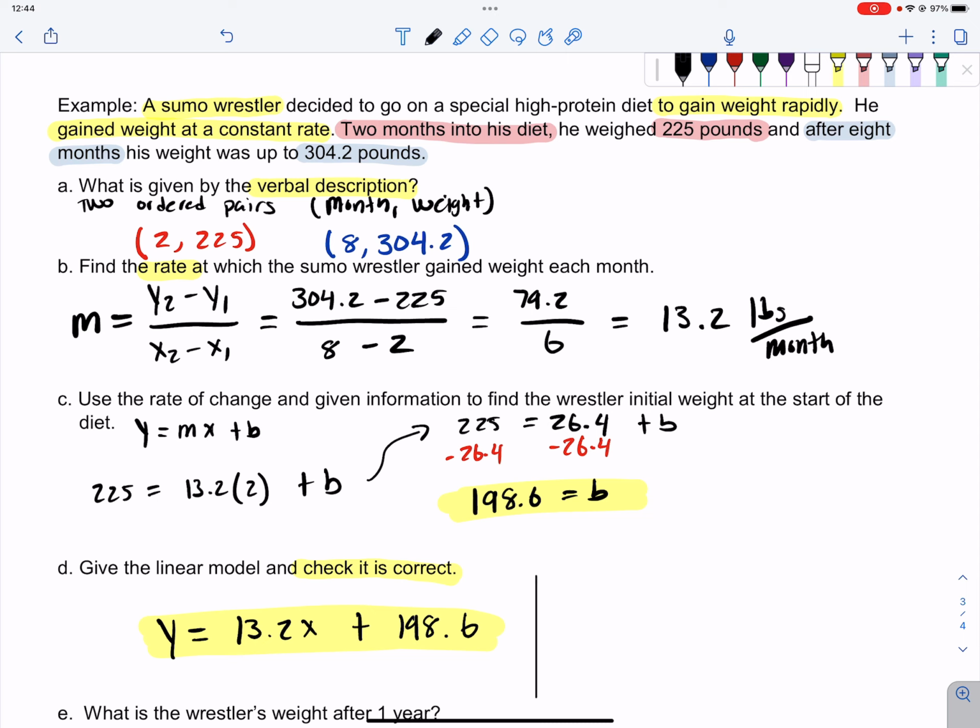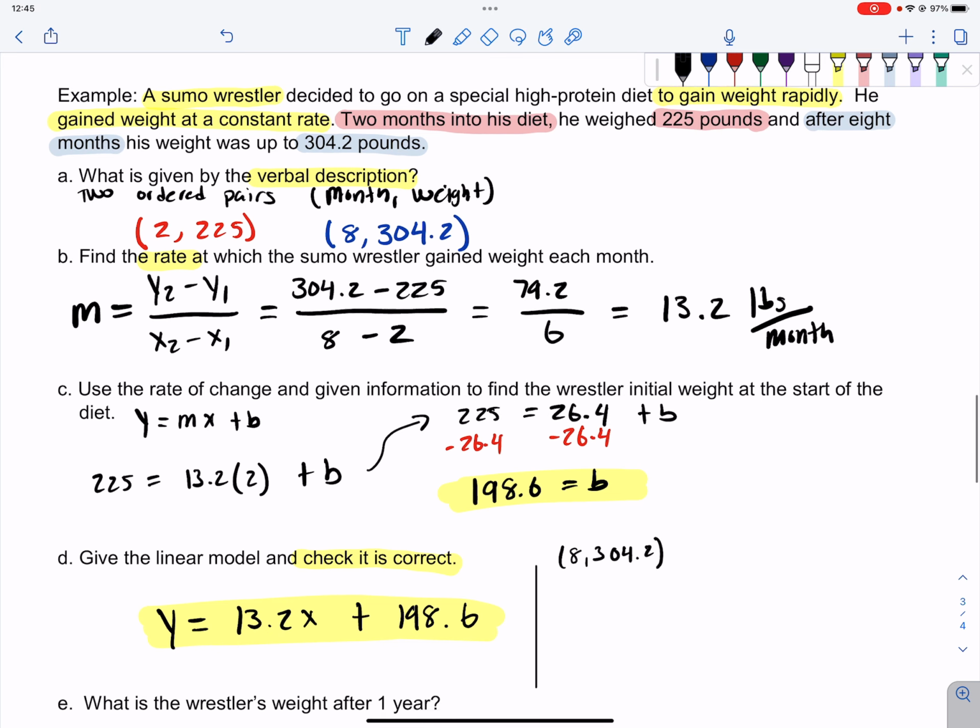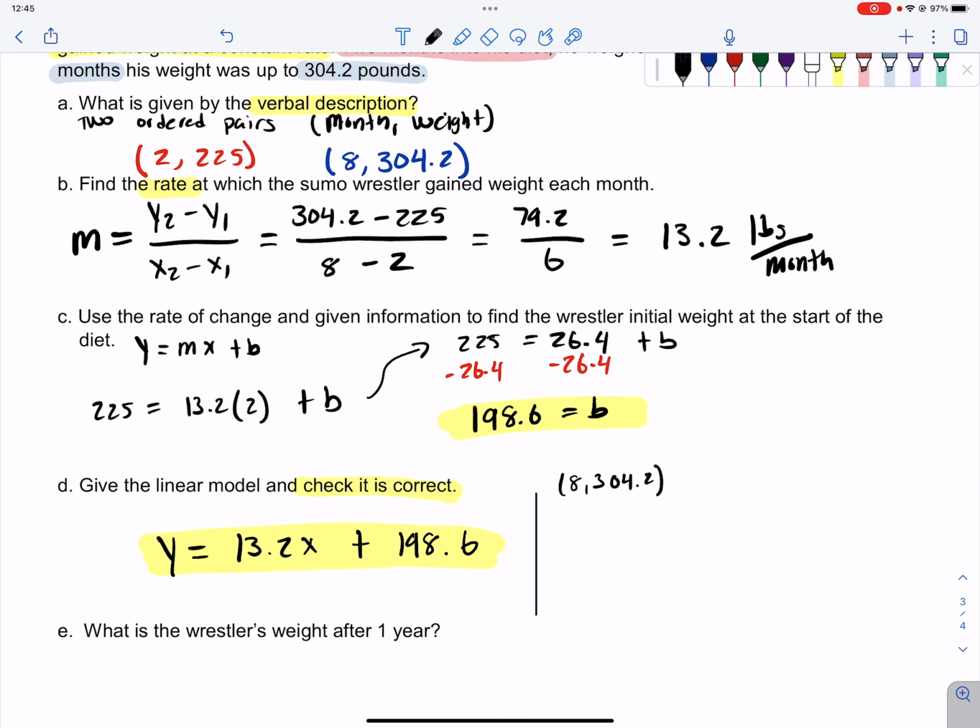The point that I did not use to find b was 8, 304.2. So now I'm going to put that into this equation for x and y. So 304.2 equal to 13.2 times 8 plus 198.6.